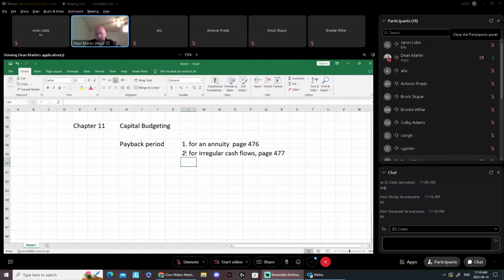And for this one, remember to build a balance column, like a bank balance, and see what your running balance is each year as you pay it down to determine in between which two years it goes positive.